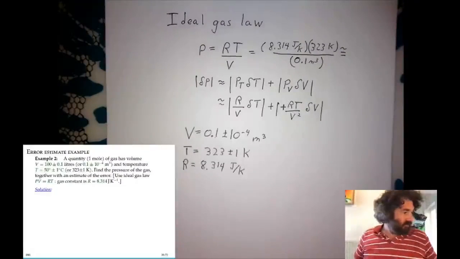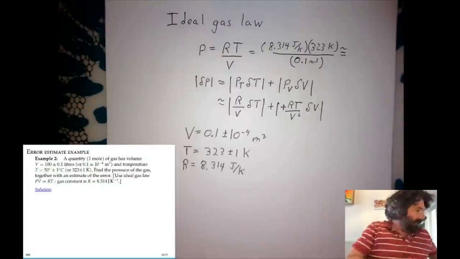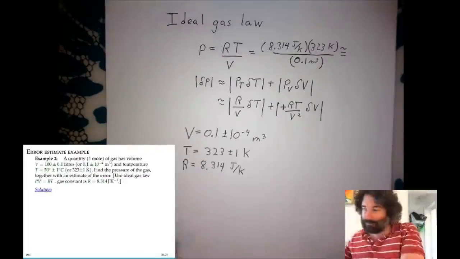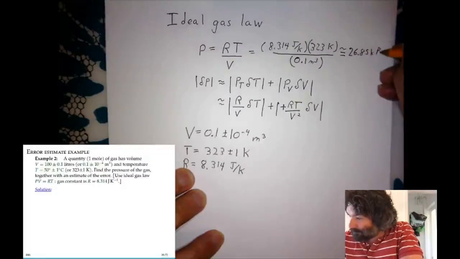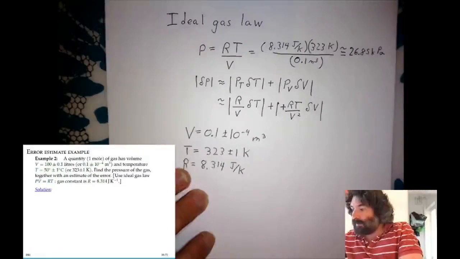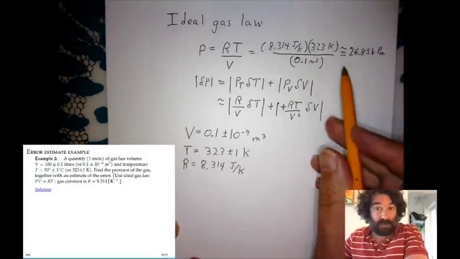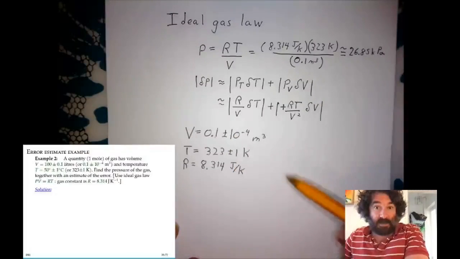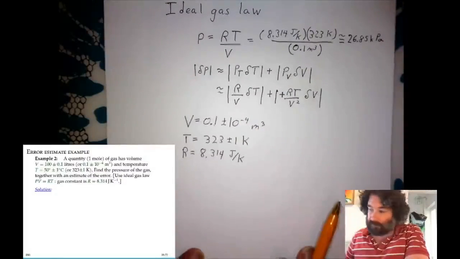So if you work out what that is, put it into the calculator, you get 26.85 kilopascals. Okay, so this is the calculated value of the pressure based on the measurements of the volume and temperature. And then we want to estimate the size of the error in the pressure using this formula.